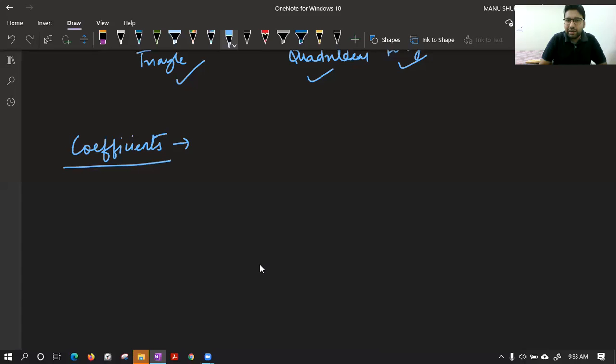Now coefficients. If I give you an expression like 4xyz plus 3y square minus 2z, tell me what is the coefficient of xyz. It is 4.